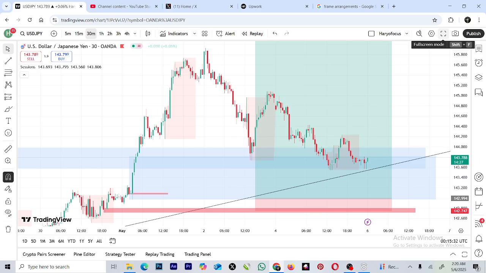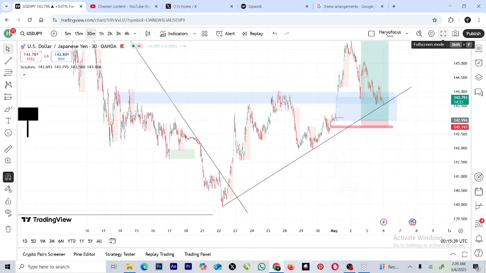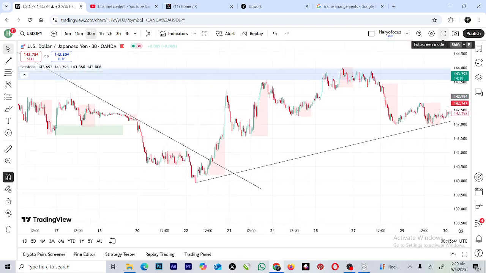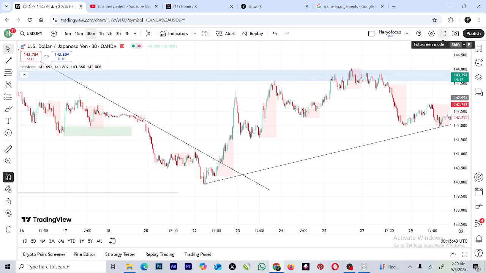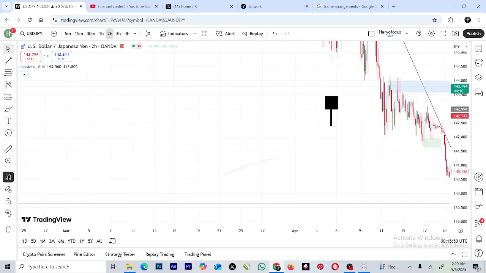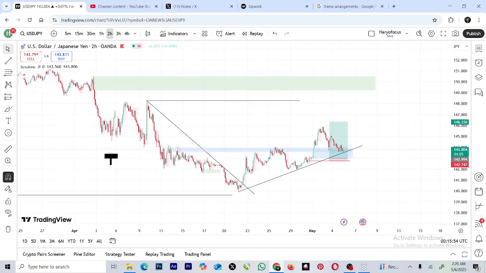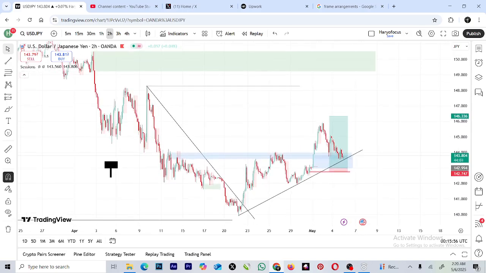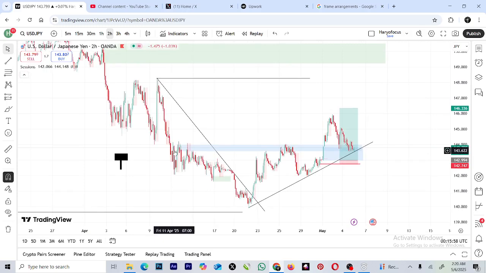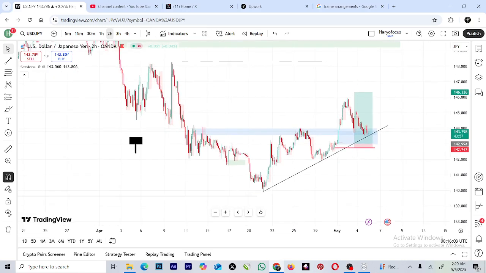So let's move on to our chart so I can show you what I mean by support. The definition of support is where buyers are willing to buy. As we can see on this chart, let me delete this one.